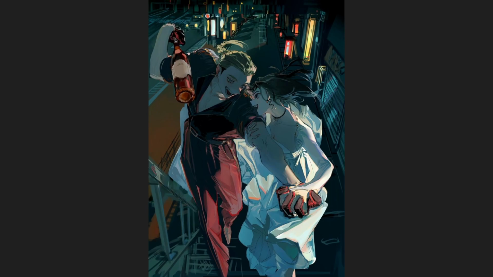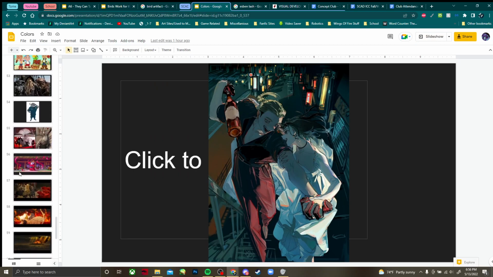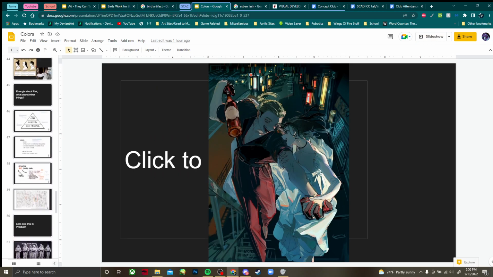Tessa, you reminded me of something with some of the screen caps that you were showing that I forget to do a lot, where designing colors for characters also needs to look good with the environment that you're designing.